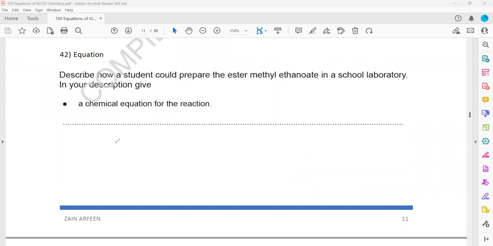For example, if I want to write a formula for ethanoic acid, we use the general formula for carboxylic acid, CnH2n+1COOH, where n is the number of carbons excluding the one already in COOH. Like if we need 2 carbons in total, then n will be 1, so it will always be one less.